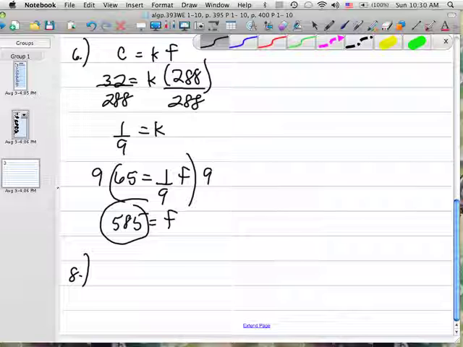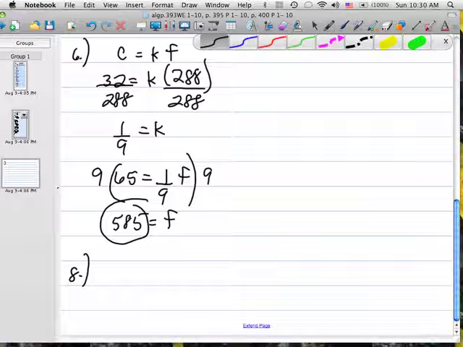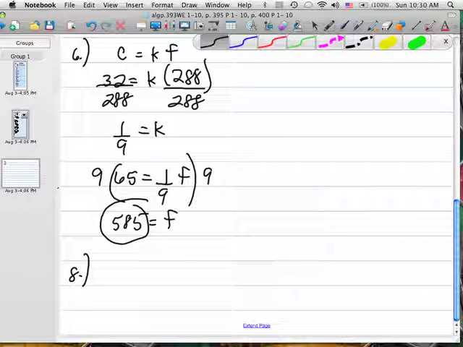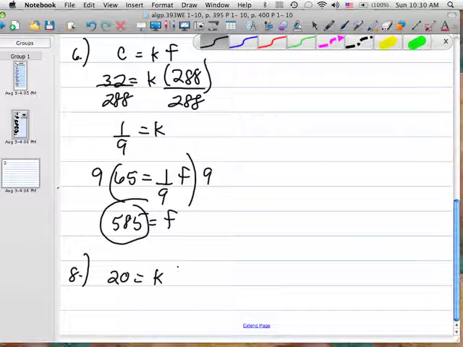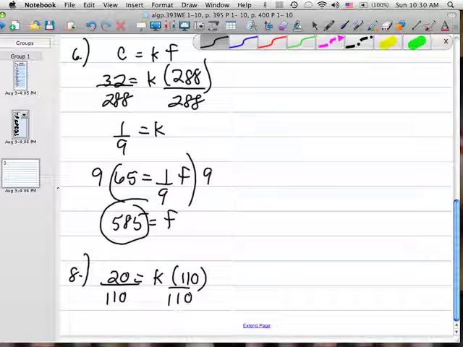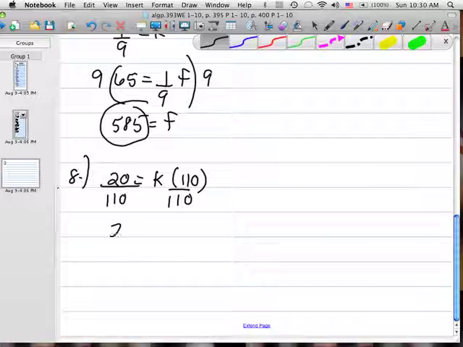Problem number 8, a restaurant buys 20 pounds of beef to prepare 110 servings of chili. At this rate, how many servings can be made with 30 pounds of ground beef? So the amount of beef you buy varies directly as the amount of servings you'll get. So 20 pounds equals K times 110. Divide both sides by 110. And we get 2/11 equals the constant of proportionality.